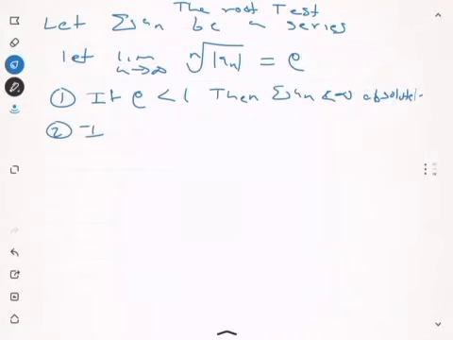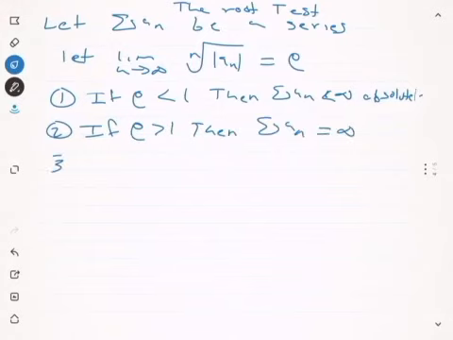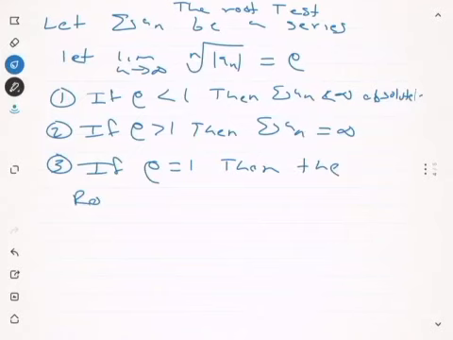Two, if rho is bigger than 1, then a_n diverges. And three, if rho is equal to 1, then the root test is inconclusive.